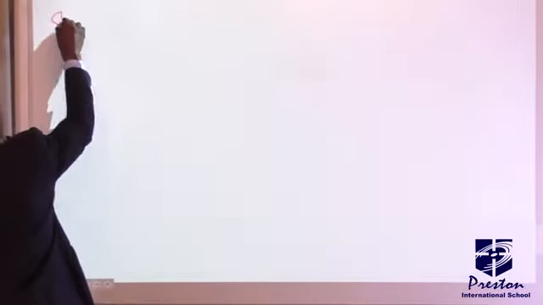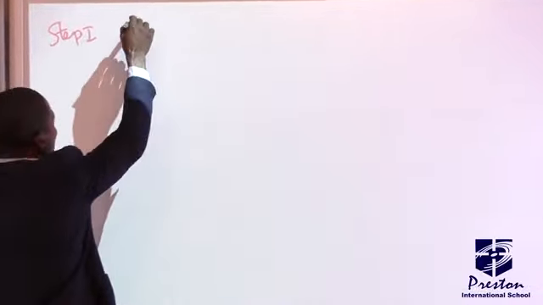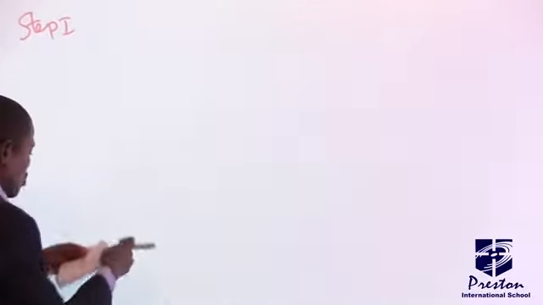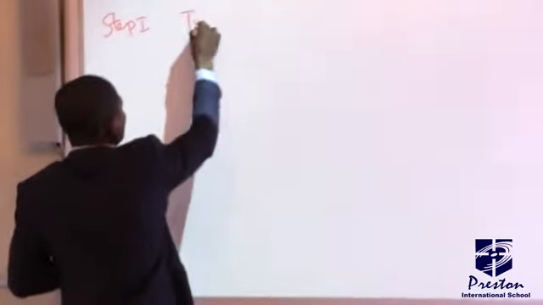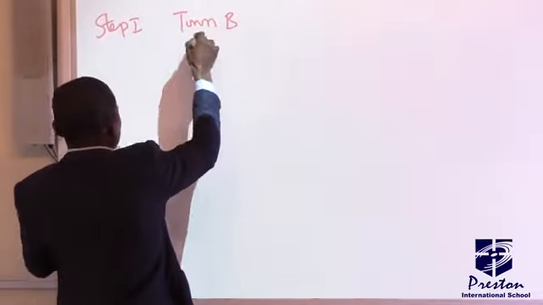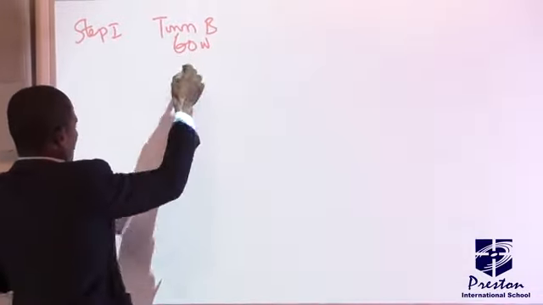Let's look at the places involved. Step 1. Don't forget, in step 1 you locate the places involved. The first town is town B, which has the earlier time. That is why I'm taking town B and not town A. Town B's longitude was 60 degrees; you can check the question again.